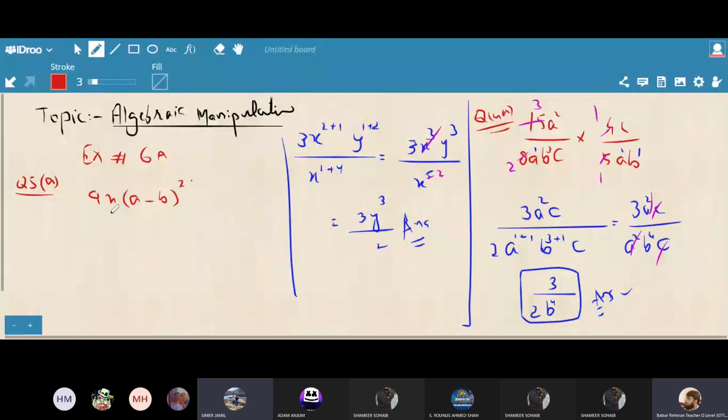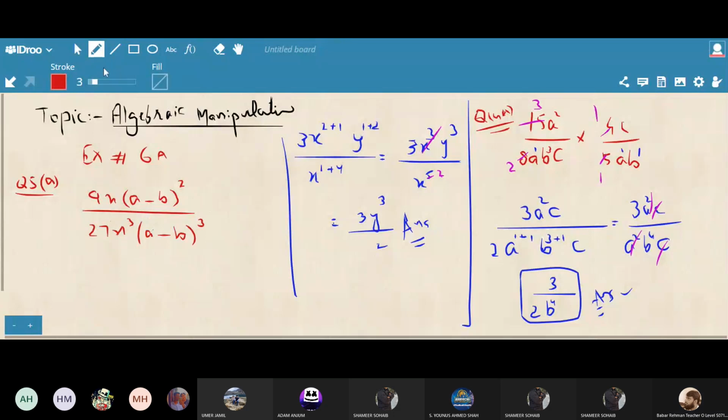All of you please mute your mic, please. Thank you. And in numerator, please check your answer questions as well: 27x cube, a minus b whole cube.